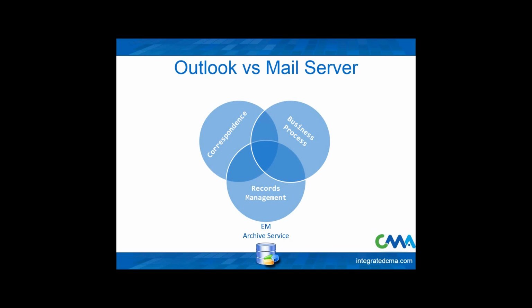But we may also want to trigger a standardized business process that's set up as a Laserfiche workflow. And then, of course, Laserfiche has records management, retention, legal hold, and compliance capability. And, of course, email is a major source of content when it comes to e-discovery and retention.